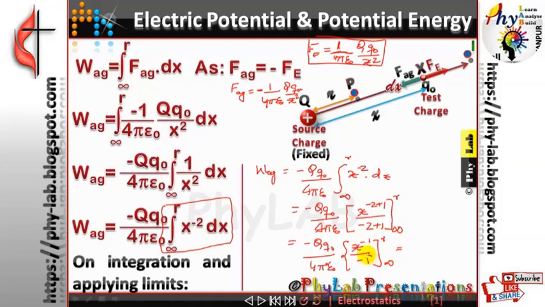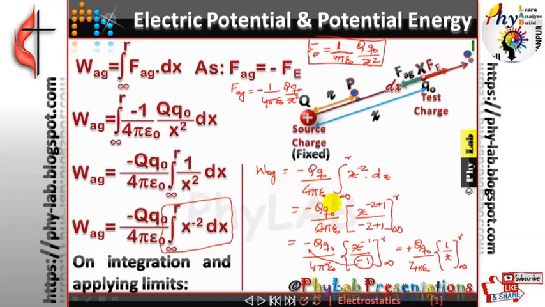And this minus 1 moves out of the bracket and combines with this minus to give me a plus. So it becomes plus Q naught upon 4 pi epsilon naught, and x to the power of minus 1 can be written as 1 by x, and the limits of integration are from infinity to some point r.